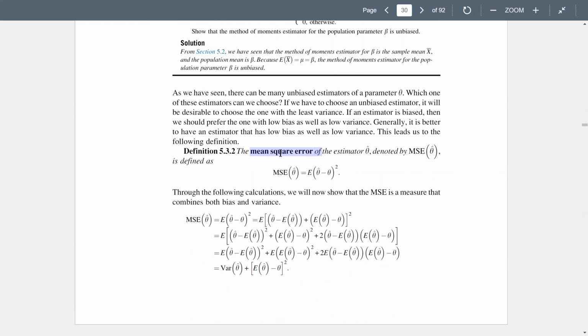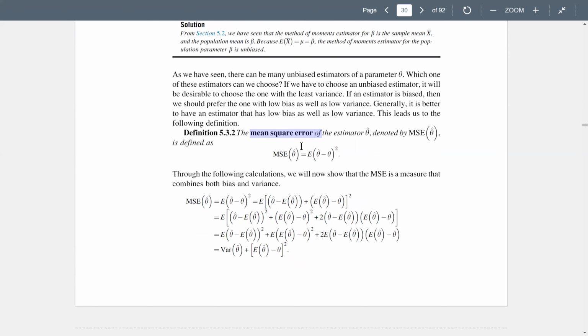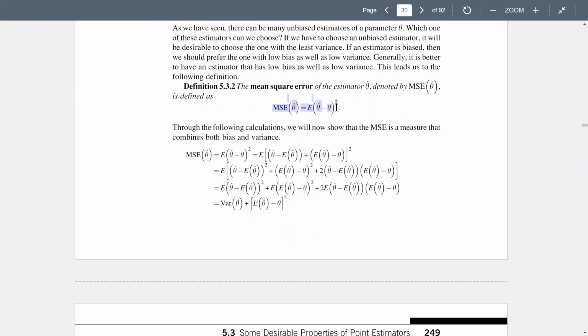You may have a bunch of unbiased estimators for the parameter, but only one has the minimum mean square error. If you have a large square error, that means it's not accurate, not precise. So define the mean square error.